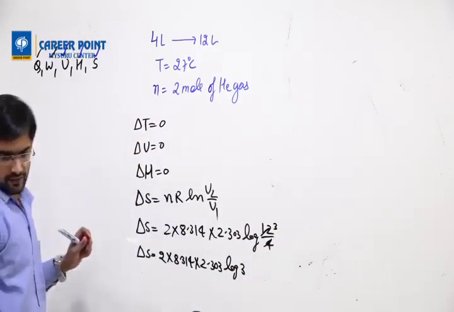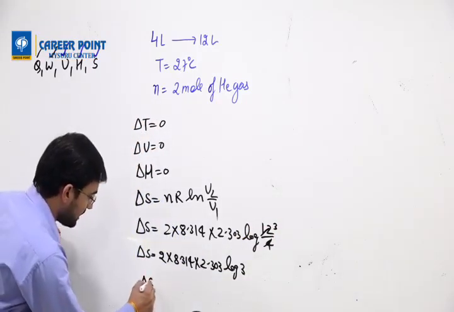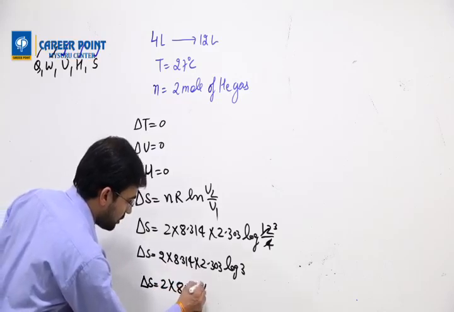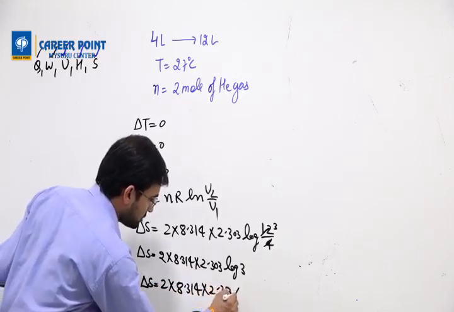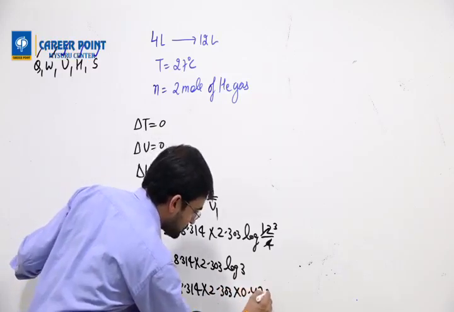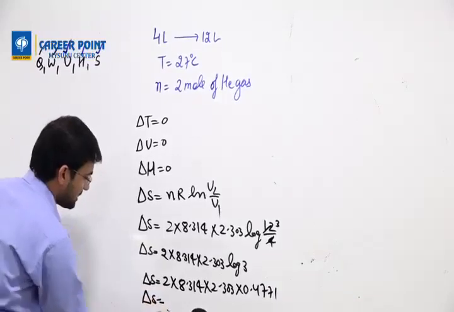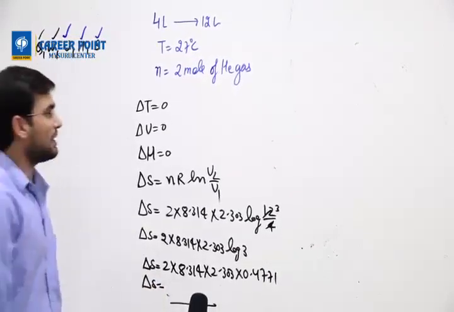So now I can write delta S equals 2 into 8.314 into 2.303 into 0.4771. Your job is to multiply them and get me an answer. This is the delta S.